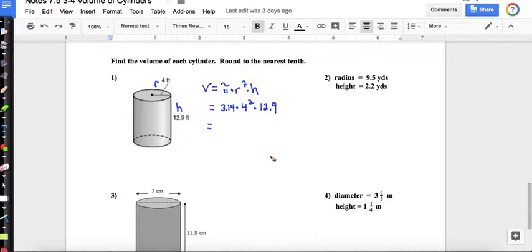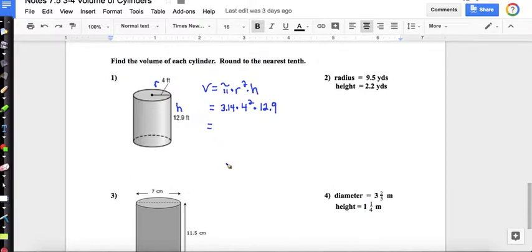Now, everyone uses different calculators, so I'm going to tell you how to use it if you have the x squared button on your calculator or if you don't have the x squared button. So if you do have the x squared button, you would do 3.14 times 4 squared times 12.9. And then you would hit equals.